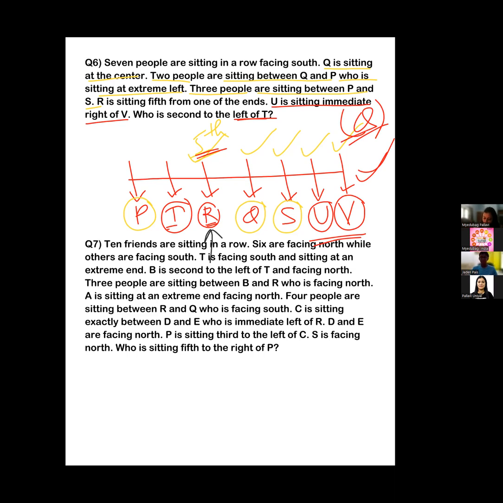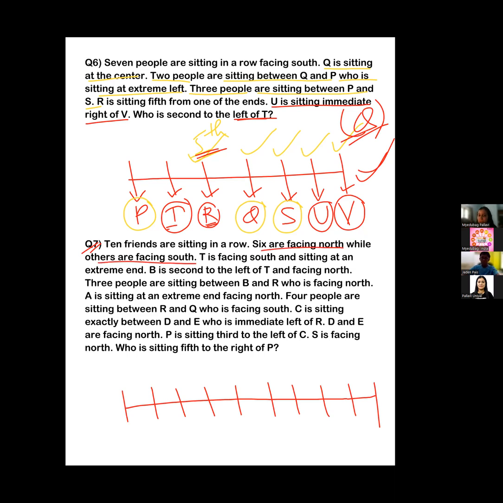Now try question number 7. This is also a nice question. Let's see if you can do it. There are 10 friends sitting in a row. 6 are facing north while others are facing south.